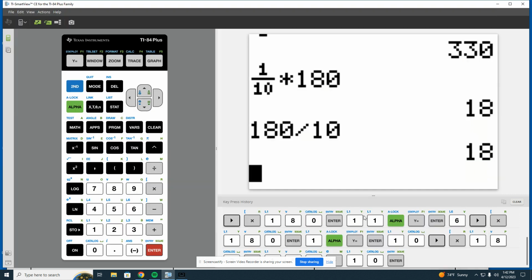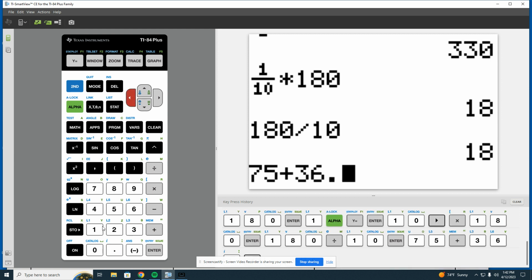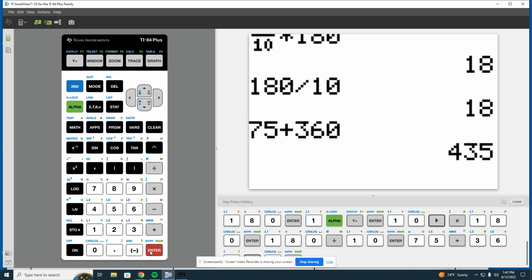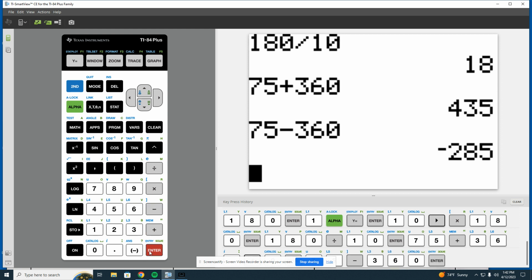So I'm just going to go to my calculator. 75 plus 360. That will give me a positive angle of 435. And then I'm going to do 75 minus 360. And that will give me my other coterminal angle, not just two of them. Remember, I could do as many coterminal angles as I would want.